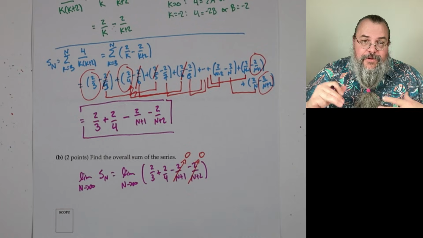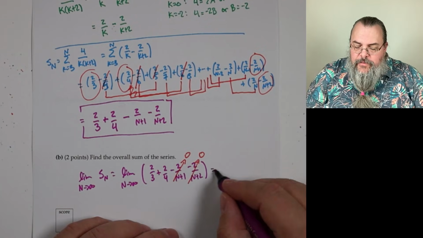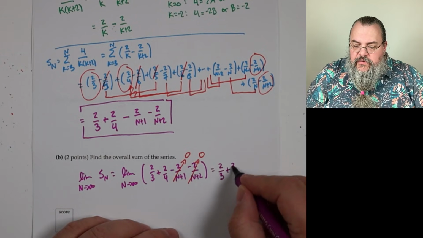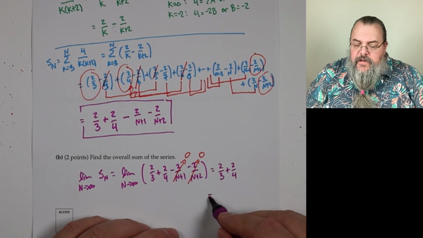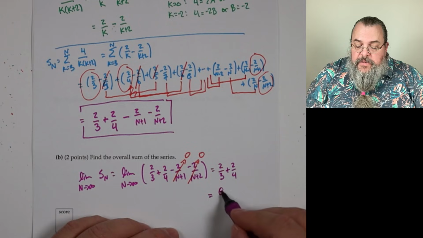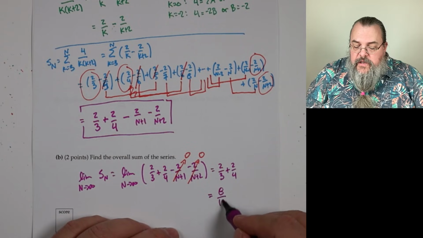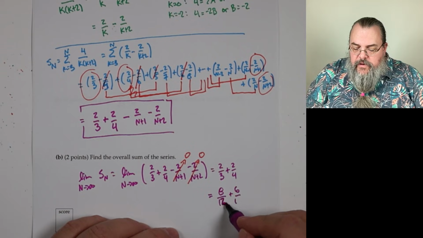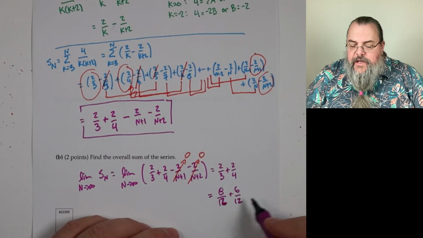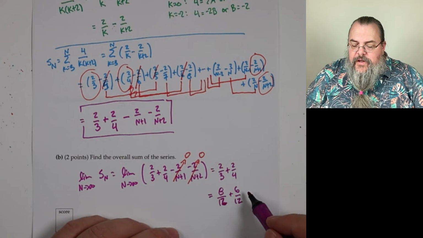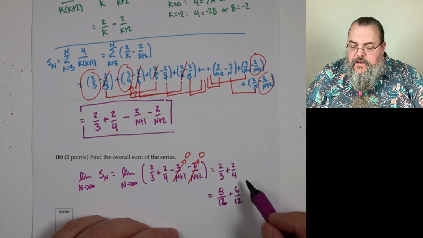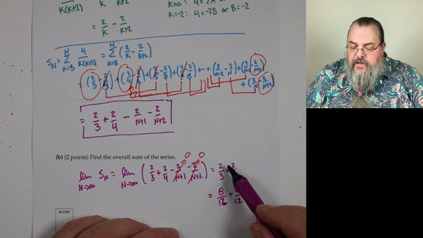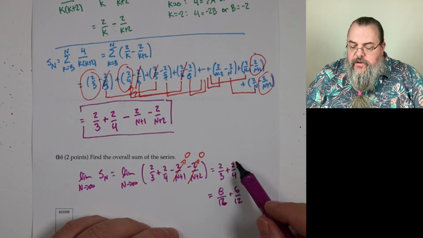This is being very rigorous. And we say, oh, well, we get 2/3 plus 2/4. We can get a common denominator of 12. That would be 8 over 12 and 6 over 12. I know what 12s look like. And so 8, yes, just double checking here, times that by 4 over 4, 3 over 3.